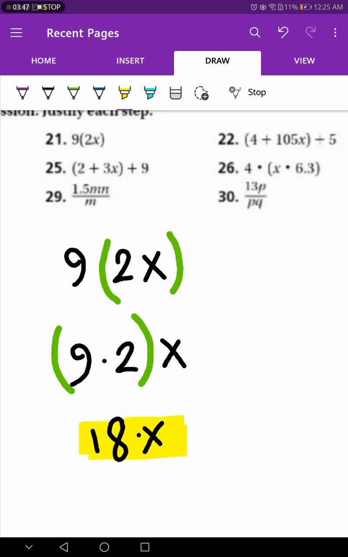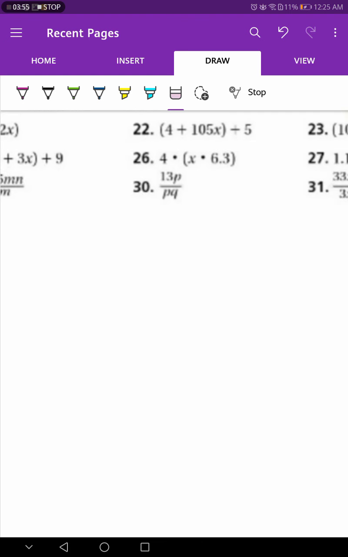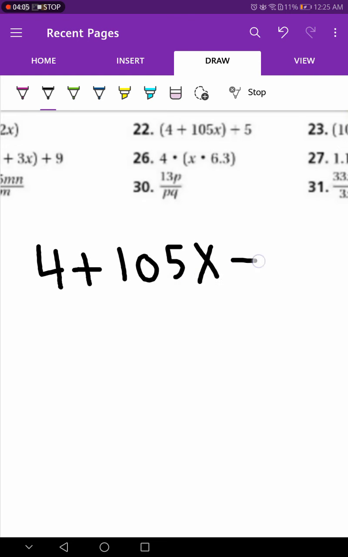This is 21. Let us move to question number 22. 22, the same story. I will write it first. 4 plus 105x plus 5. As you see here, the parentheses hold the 4 plus 105x.